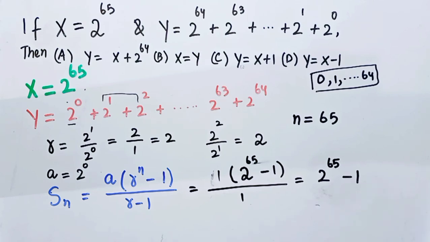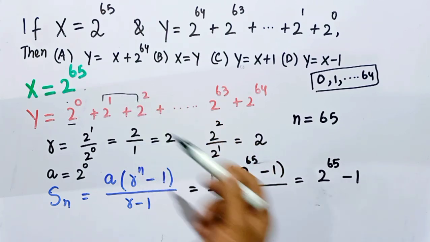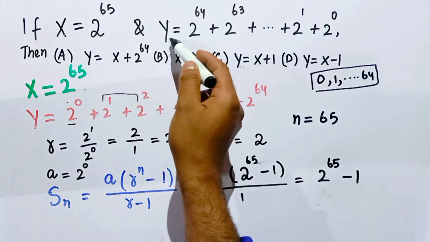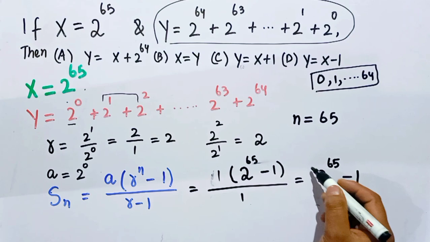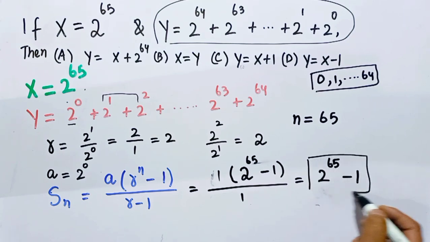That means the sum of this series, y, came out to be 2 to the power 65 minus 1.